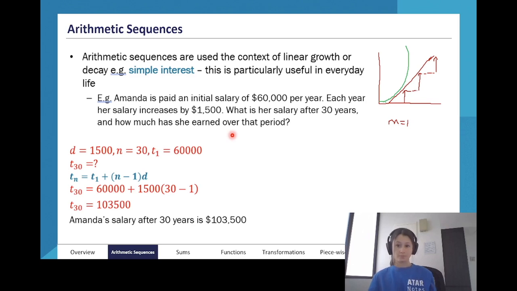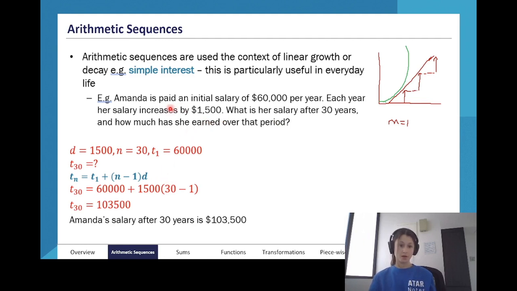So, what we need to do here is apply our arithmetic sequence general expression, and we need to convert all these numbers that we were given to values in our equation.